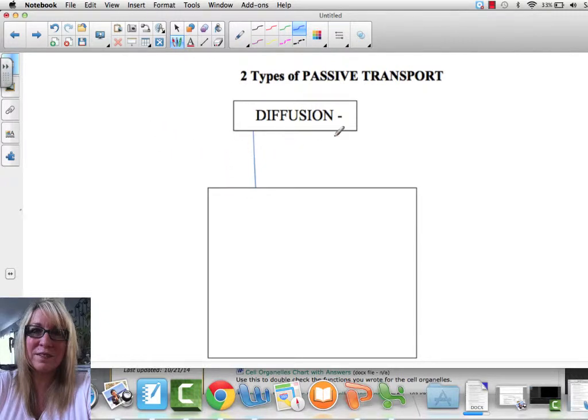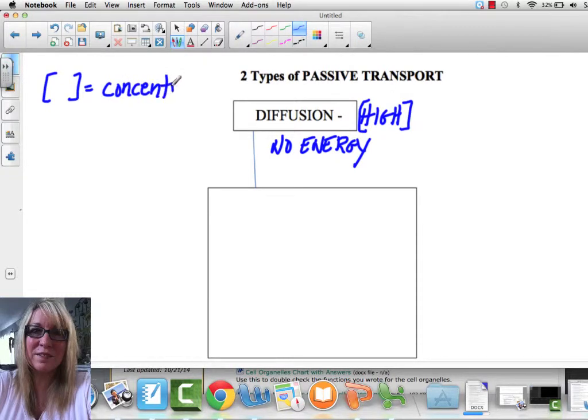So remember that this is no energy, and we're going from high concentration to low concentration. Whenever you put anything in square brackets like that, that is referred to as concentration in science. Usually it's talking about a specific acid or base or salt.